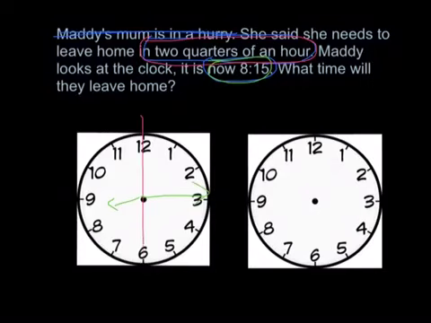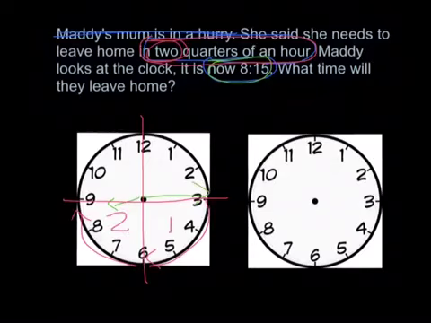So remember, if I divide this clock into quarters, and it's 2/4, that's 1/4, 2/4, so 1, 2. The minute hand would now end up on the 9. Let's go and draw this new time on our second clock. So now the minute hand is on the 9, and the hour hand is a little bit further past the 8.